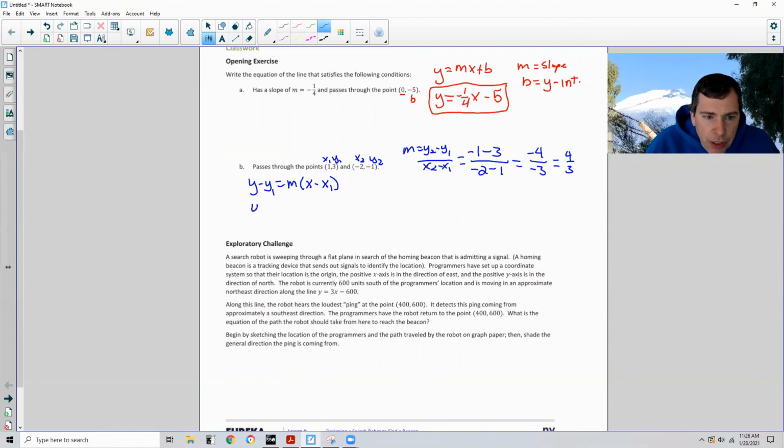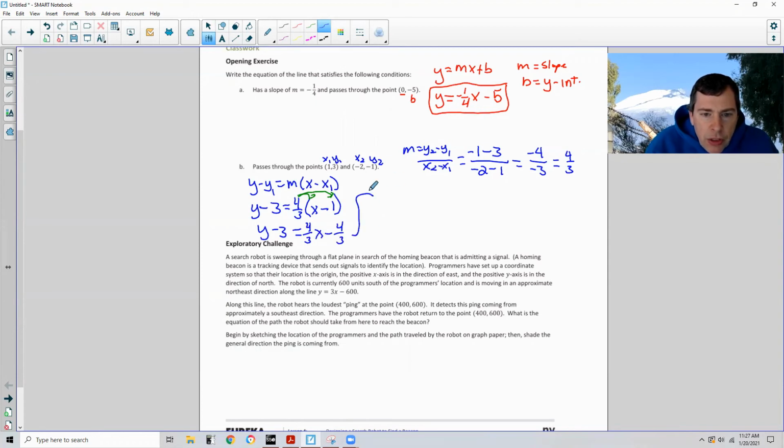So I'm going to write y minus y1 equals m times x minus x1, which is 1. So we have y minus 3, then we distribute. So that is going to be y minus 3 equals 4/3 x minus 4/3 times a -1 is 4/3.